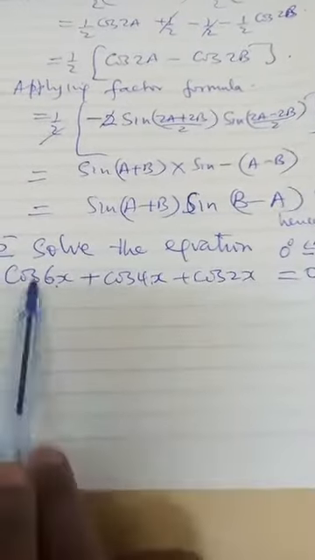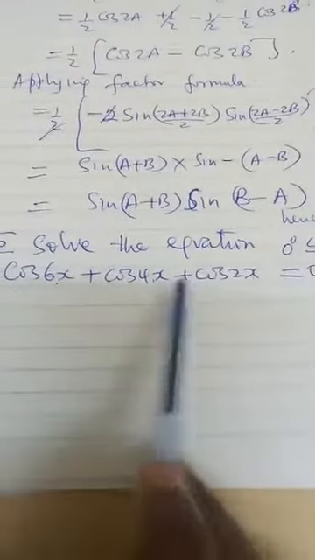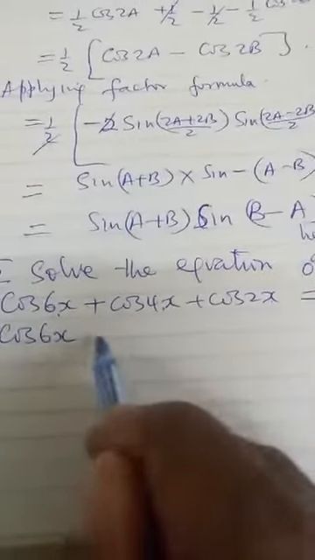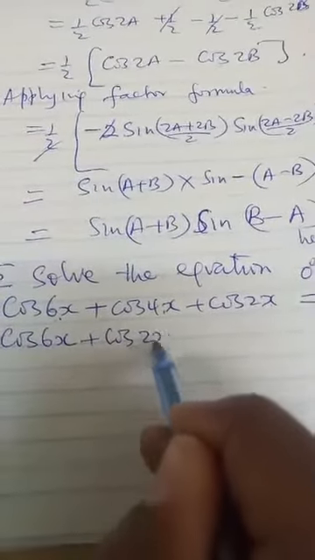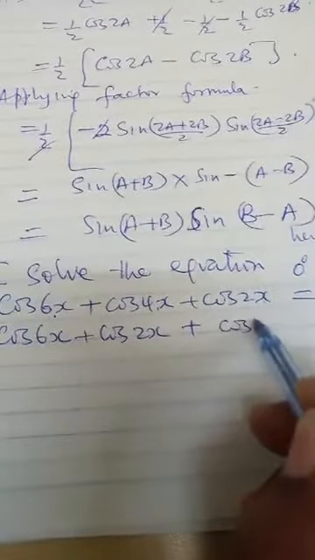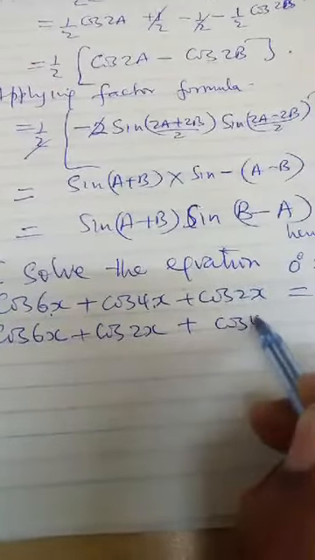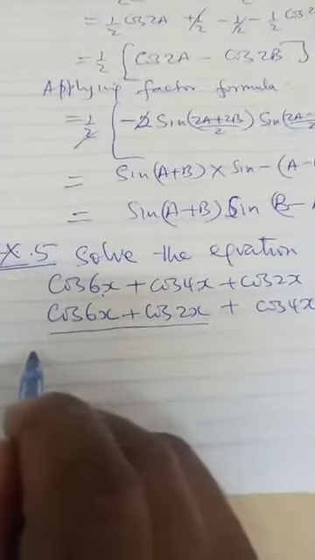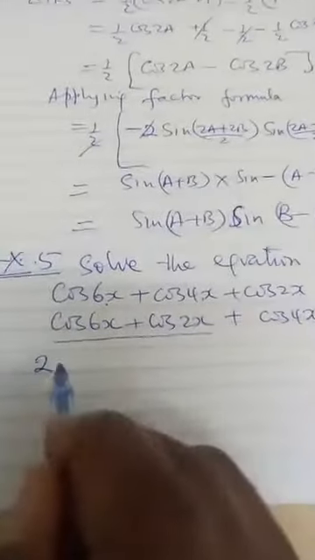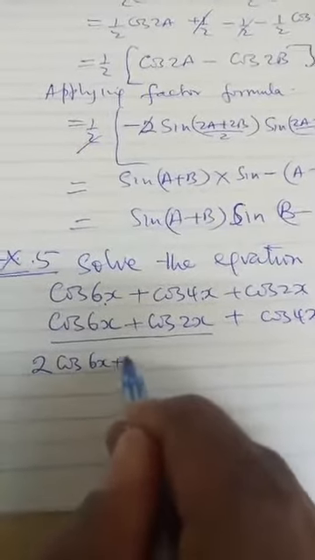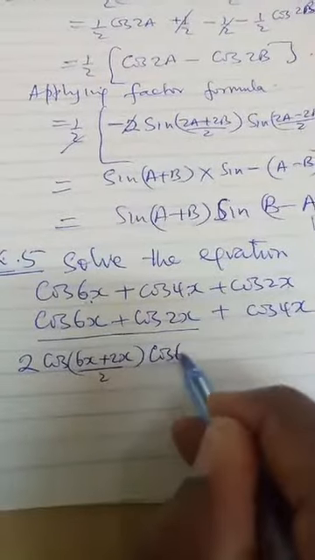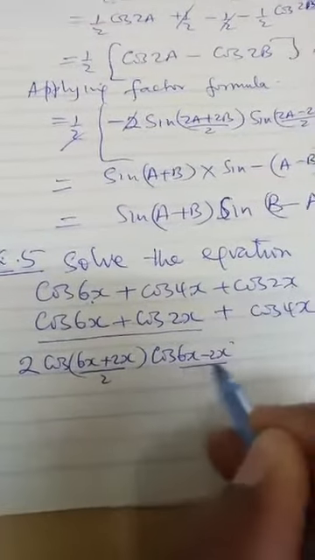So you look at the 3 given and choose 2 that you can play around with and get one as a common factor. And that means we can rearrange this as cos 6x plus cos 2x plus cos 4x. We are going to apply the factor formula only here. When we apply it, we shall get 2 cos of (6x plus 2x) over 2 cos of (6x minus 2x) over 2.